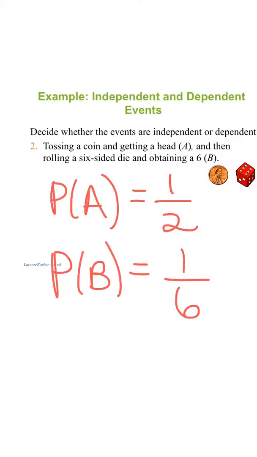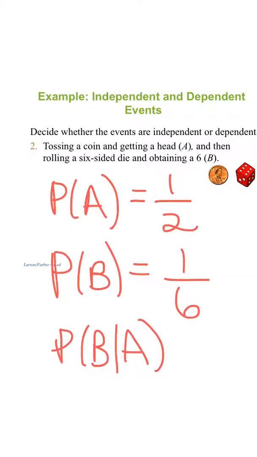What we need to determine is the probability of B given A. In other words, what is the probability of rolling a 6 on a die given that I've already flipped a coin, event A, and landed on heads?